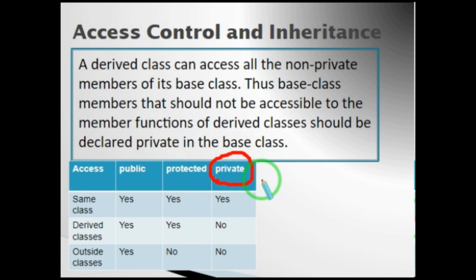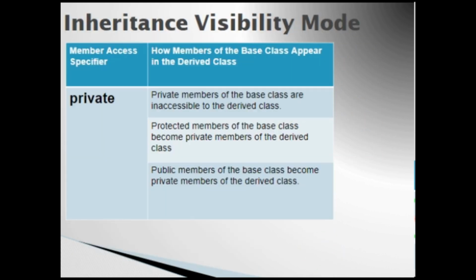So from this we learn the access control in inheritance. So we revise the visibility mode. Dear student, if I use a private visibility mode in the syntax of inheritance, we already discussed the syntax of inheritance. Class is a keyword.